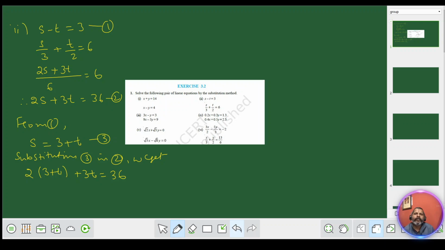Now the equation is in the variable t. We solve for it. 2 threes are 6 plus 2t plus 3t equal to 36. 2t plus 3t is 5t equal to 36 minus 6, which becomes 30. 5 sixes are 30. Therefore t equal to 5 is the answer, one variable. We found the value of t.